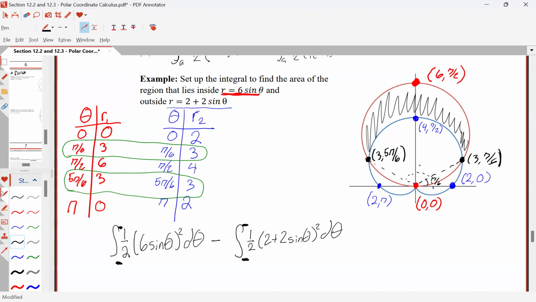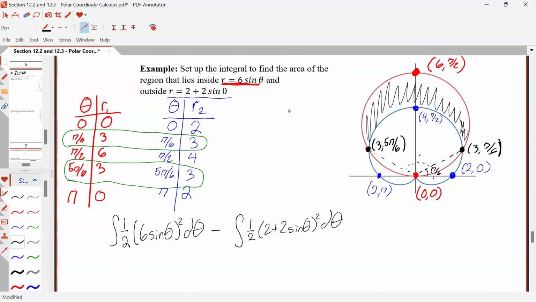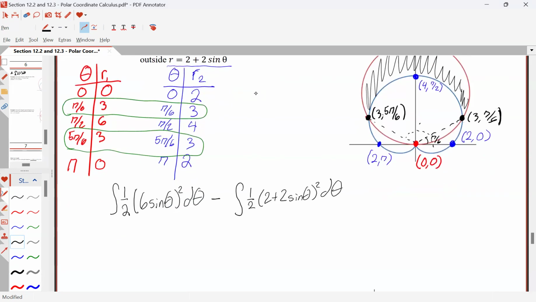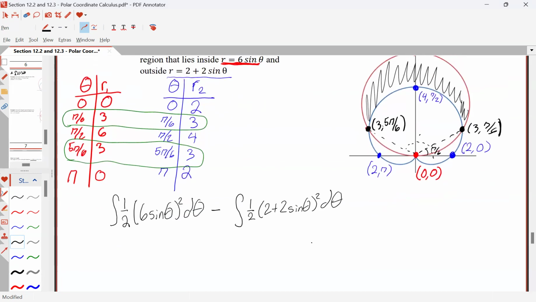We have the two intersection points. We could do the same thing we did before in area between curves to find the intersection points as well. We're trying to find when 6 sine theta and 2 plus 2 sine theta are the same. So we would be solving the equation 6 sine theta equals 2 plus 2 sine theta.